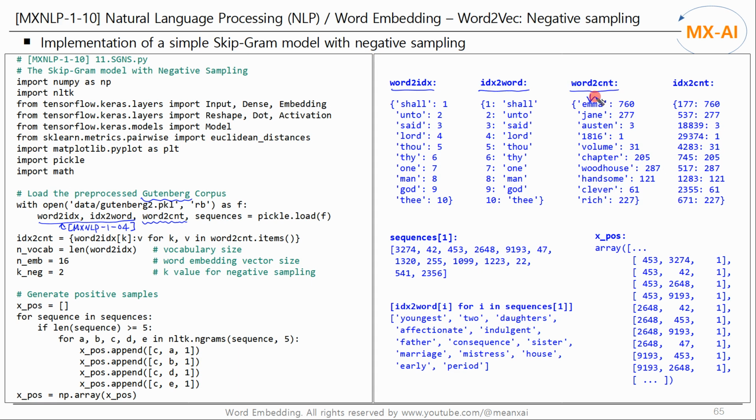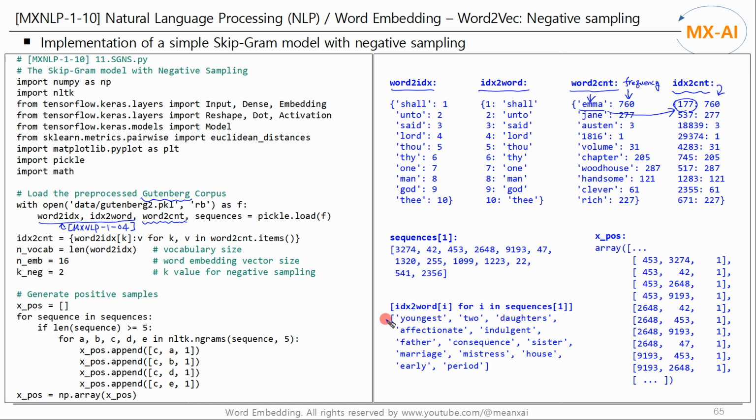These are unique words present in the corpus, and these numbers are the frequency of occurrence of each word. If we convert each word in this dictionary to its corresponding index, it would be as follows.